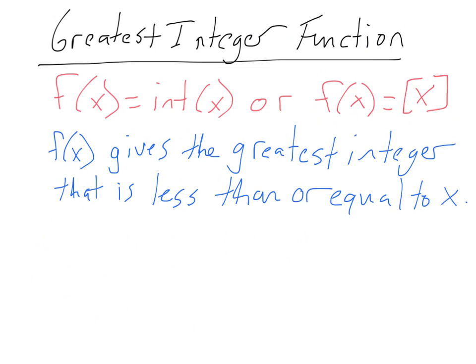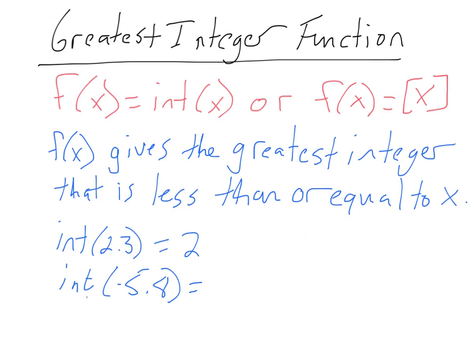All right. If that's what the greatest integer function is, let's try taking some values of this. For instance, int of 2.3. What is the largest integer that is less than or equal to 2.3? What about int of negative 5.8, if I'm making a negative number?